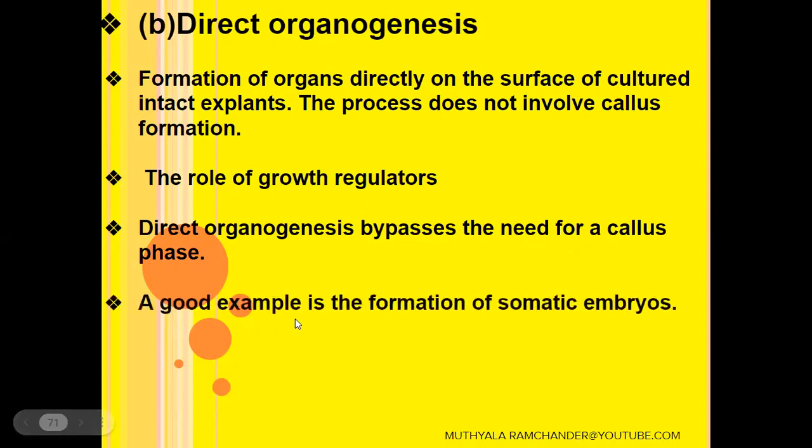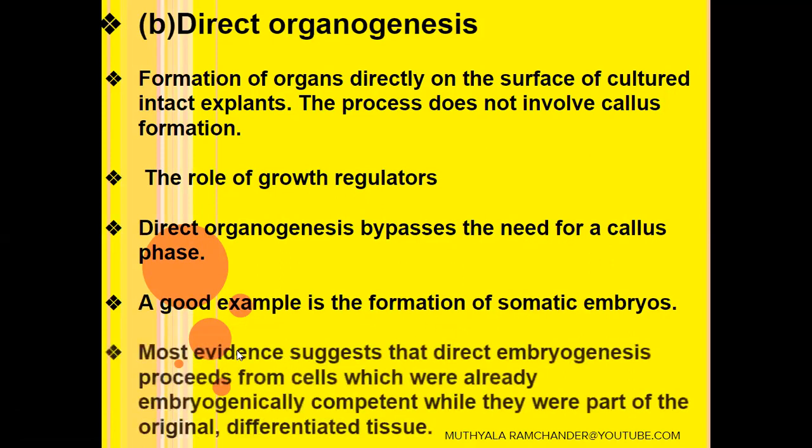A good example is the formation of somatic embryos. Most evidence suggests that direct embryogenesis proceeds from cells which were already embryogenetically competent while they were part of the original differentiated tissues.